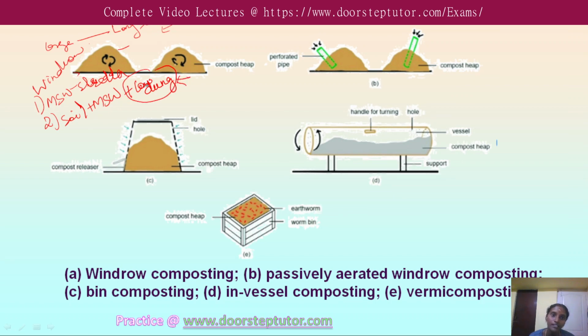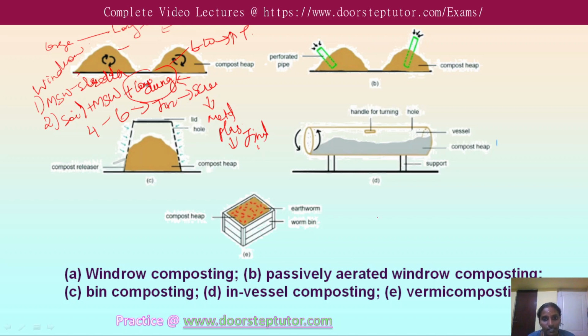We need to pre-digest it for about 6 to 10 days, thereby it prevents the increase in temperature. After 4 to 6 months, we get the final product, which needs to be sieved or screened to remove the metal and plastic substances and get the final compost.